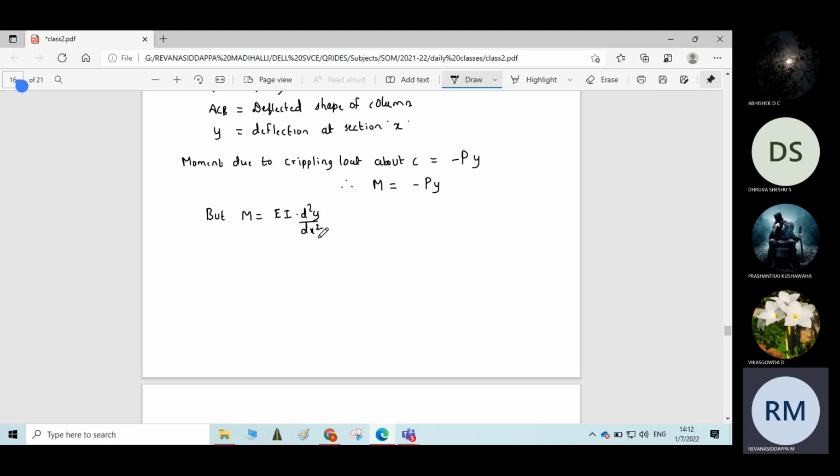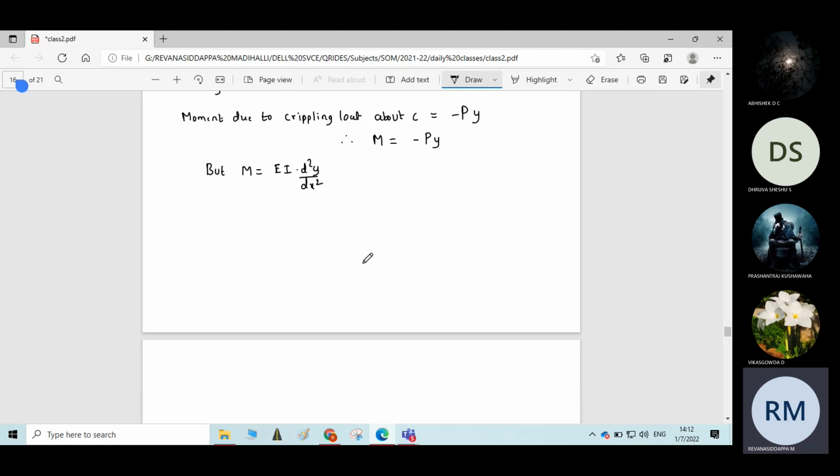All of you should remember this equation, students: M is equal to EI into d square y by dx square.